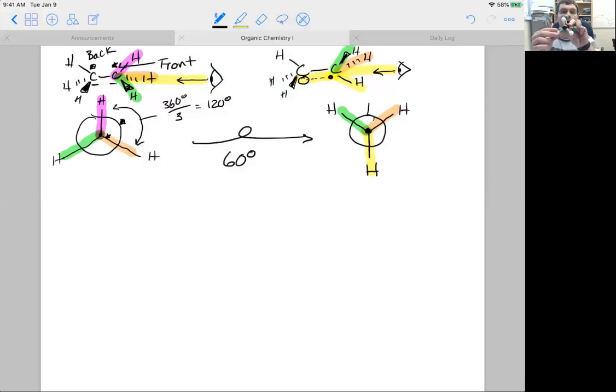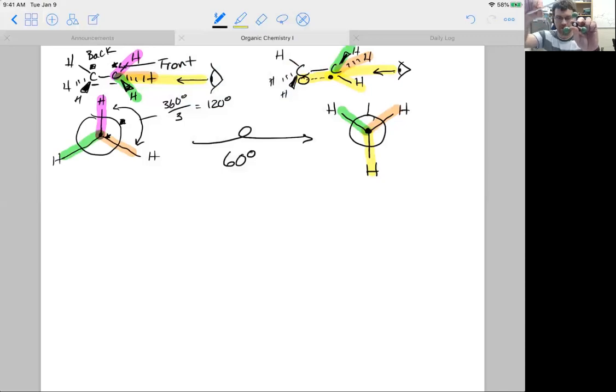So instead of 120 degrees, which would be a third of a circle turn, we're going to go to a sixth of a circle turn, or go from a front vertical up to a front vertical down. Now, what does that do to our back? Well, our back hasn't changed, but I'm going to take away that front dot. I'll leave behind the carbon-carbon bond. And so this is my back carbon. This is the circle. So we have a group sticking straight up.